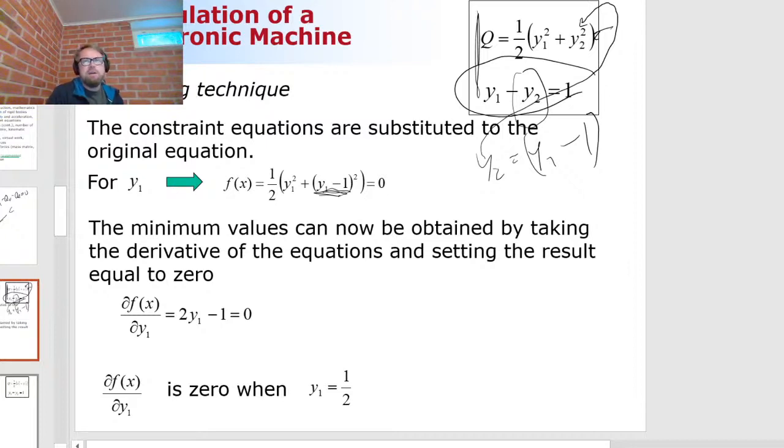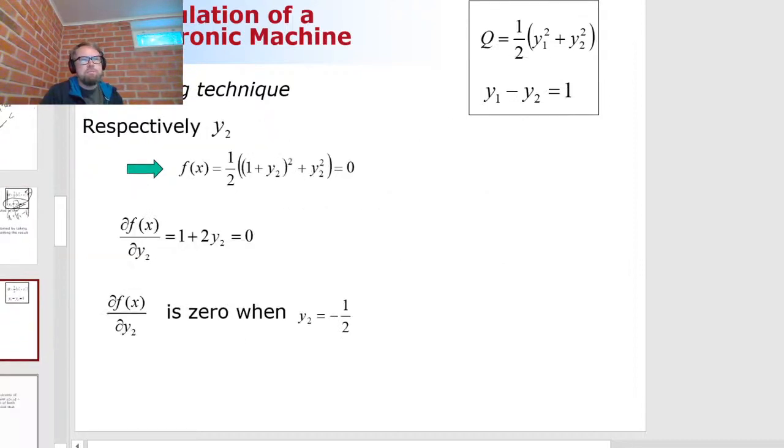Okay, so how can I find a minimum of this equation? Well, that's going to be a procedure based on partial differentiation. So I'm differentiating my function with respect to the only variable that I have here, which is u1. When I do the differentiation, I will get this equation. Now when I'm solving u1 from this equation, u1 is equal to 1 divided by 2. So half. That's my solution. Okay? I'm sure you've seen this before.